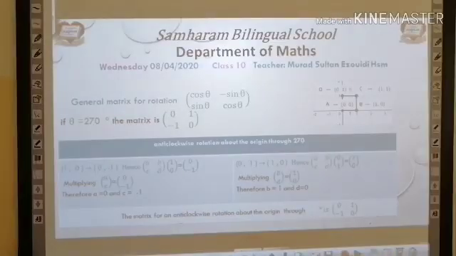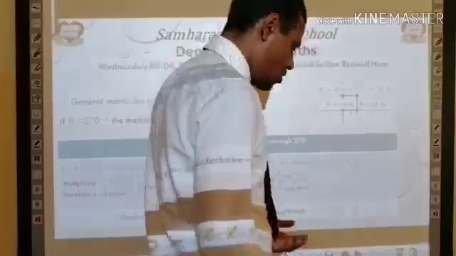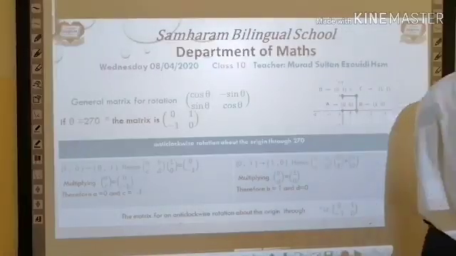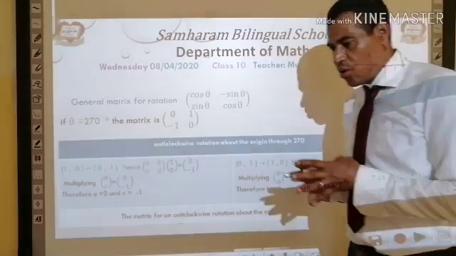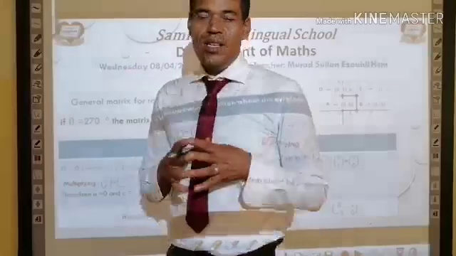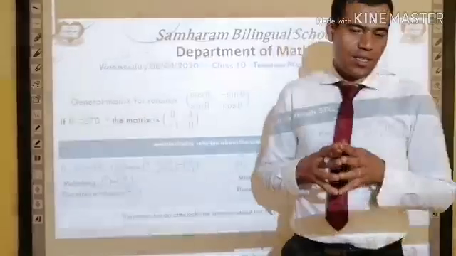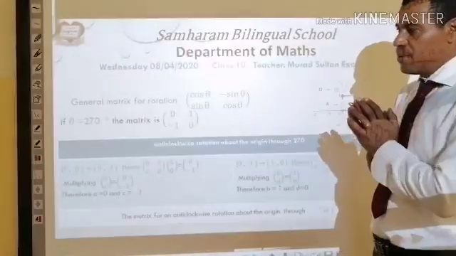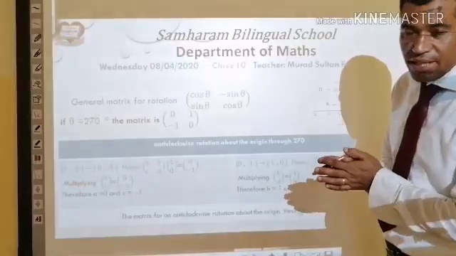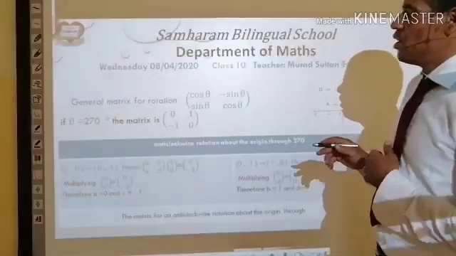Okay. Now we have calculated the image of 3 points. Okay? In the rotation about the origin through 90 degrees counterclockwise, and we wrote the matrix that transforms these points into their images when theta equals 90 degrees.